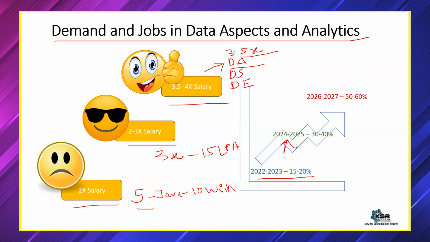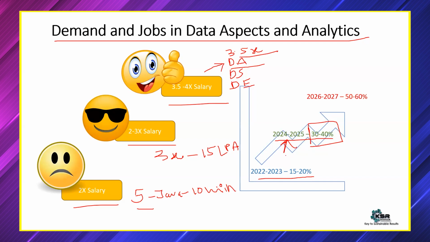If you compare it with the future trend, in 2024 or 2025 there would be a rise of 30 to 40%. It was around 15 to 20, but certainly the market is now on an upward trend. Folks, I'm not sure who uses LinkedIn and job sites, but most of you have seen multiple openings. Starting from December till June, there would be multiple openings related to the data analytics field.